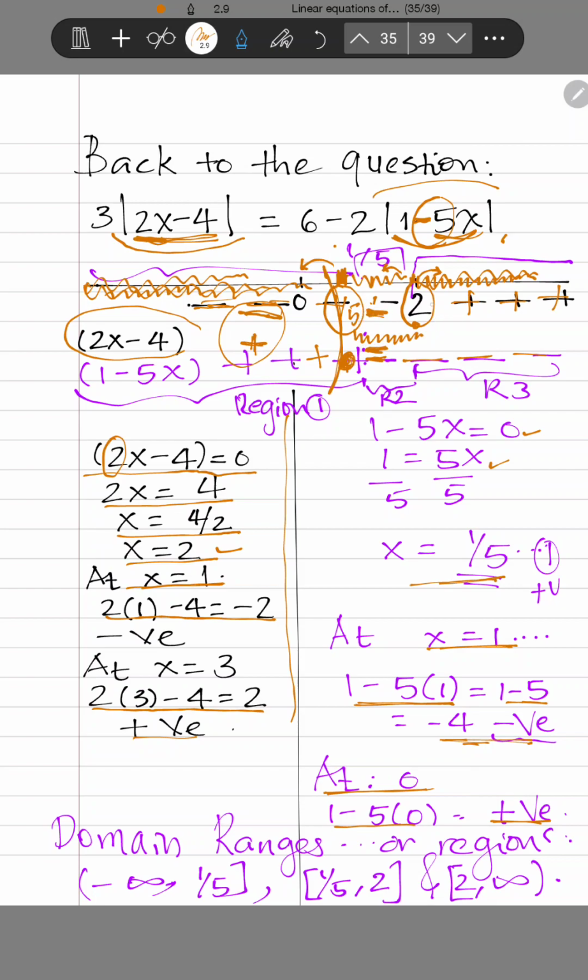Then the third part: 2x minus 4 changes now to positive, but 1 minus 5x has already changed once, and it won't change again. It remains negative. So this is the thing: minus, plus; minus, minus; and plus, minus. Three combinations we get from two expressions. Why do we need this? We'll see it.